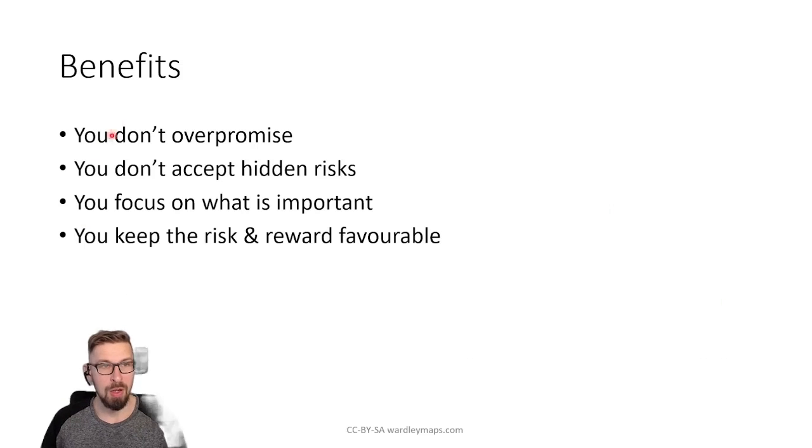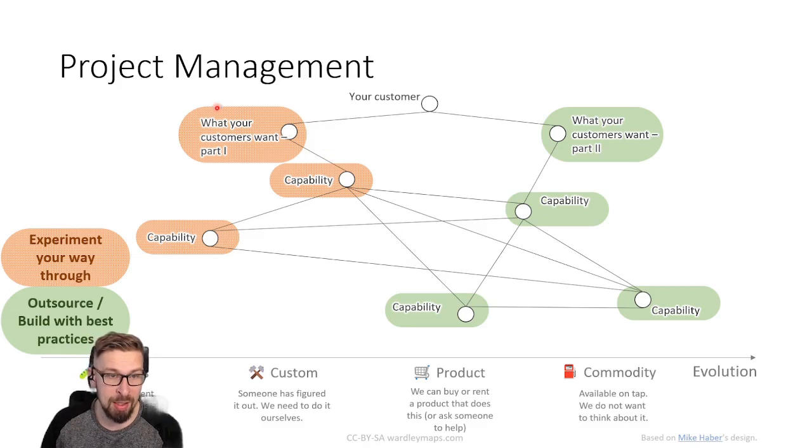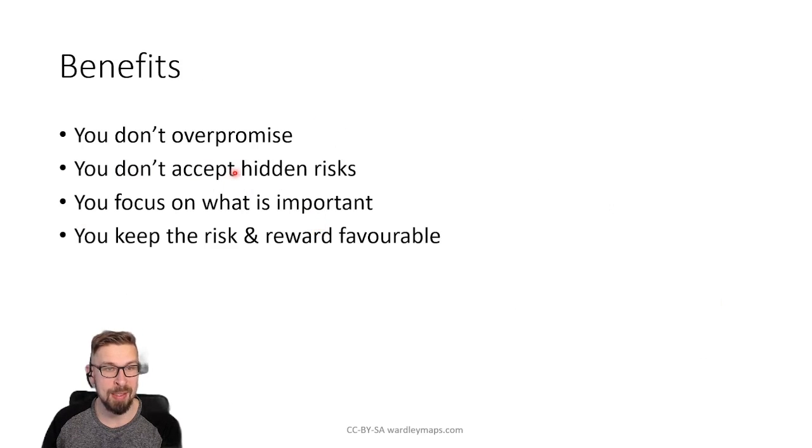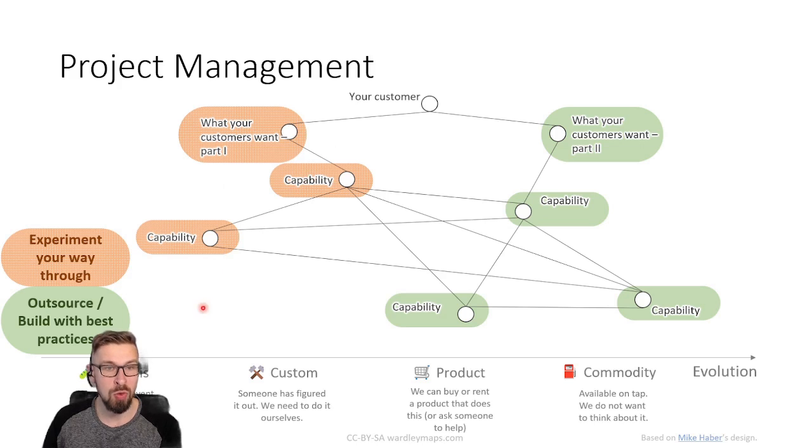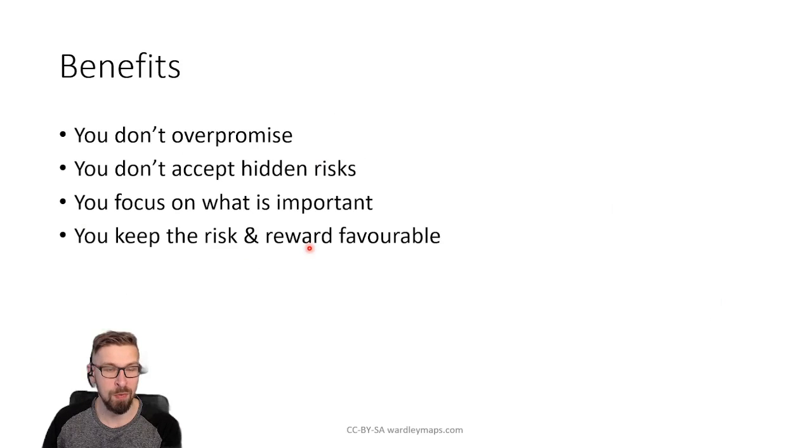In short, using Wardley maps in project management, you end up in situational awareness, which makes you don't overpromise and then underdeliver the project because you identify uncertainty very early in the process. You don't accept hidden risks because you know where they emerge from.